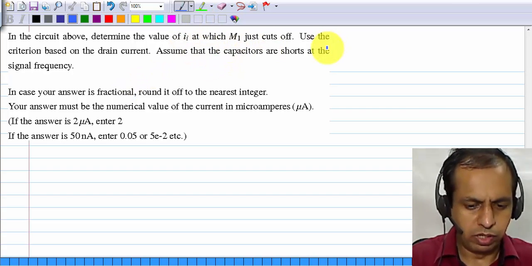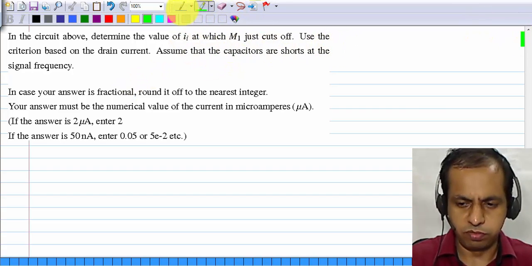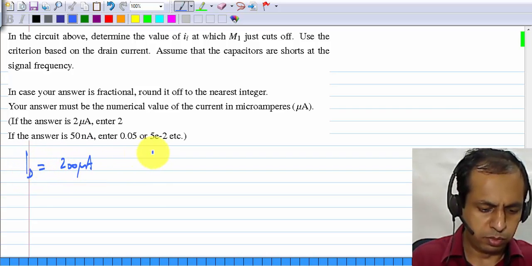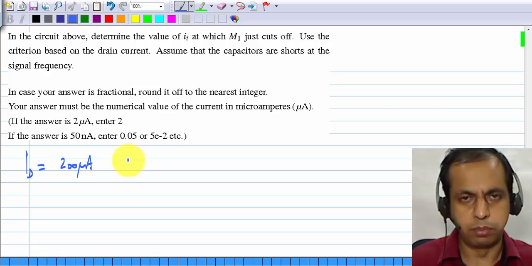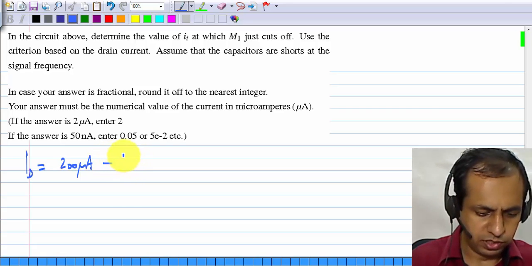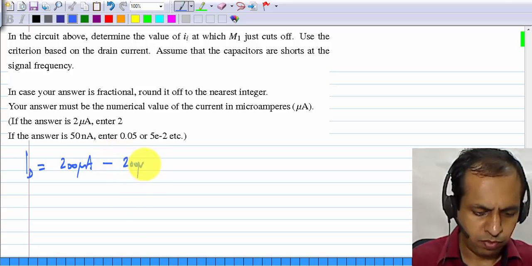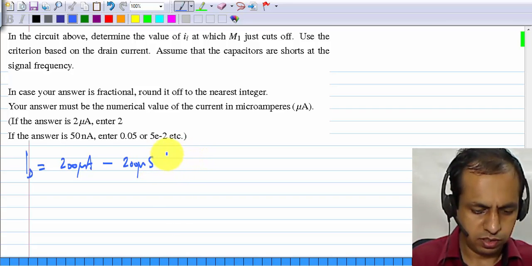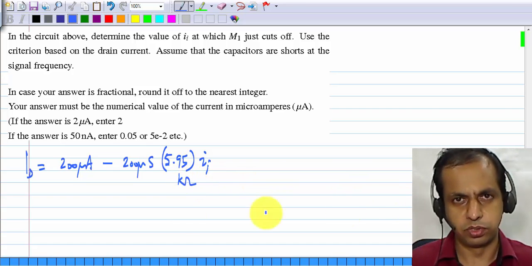And the value of II when M1 just cuts off: the total drain current ID is 200 microamperes plus Gm times VGS, which is minus 200 microsiemens times VGS, which happens to be 5.95 II. With this 5.95, the units are kilo ohms.